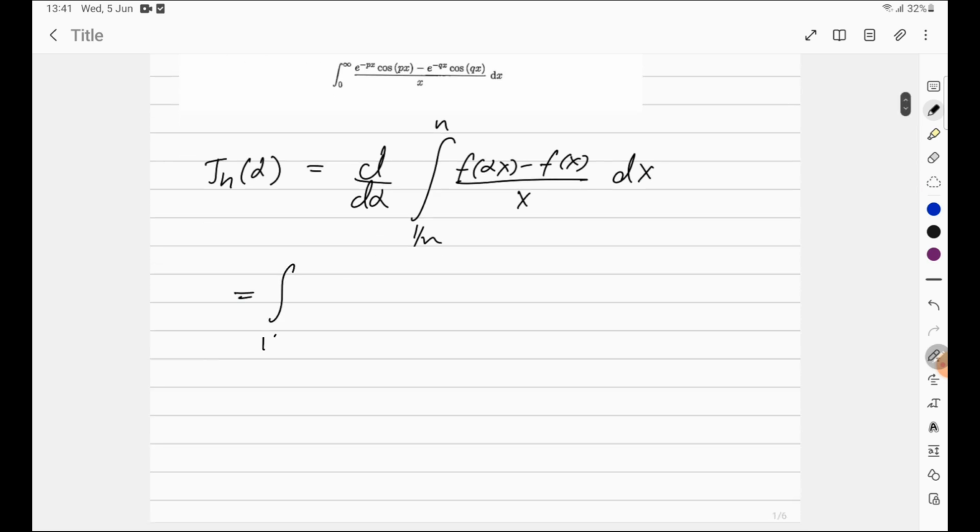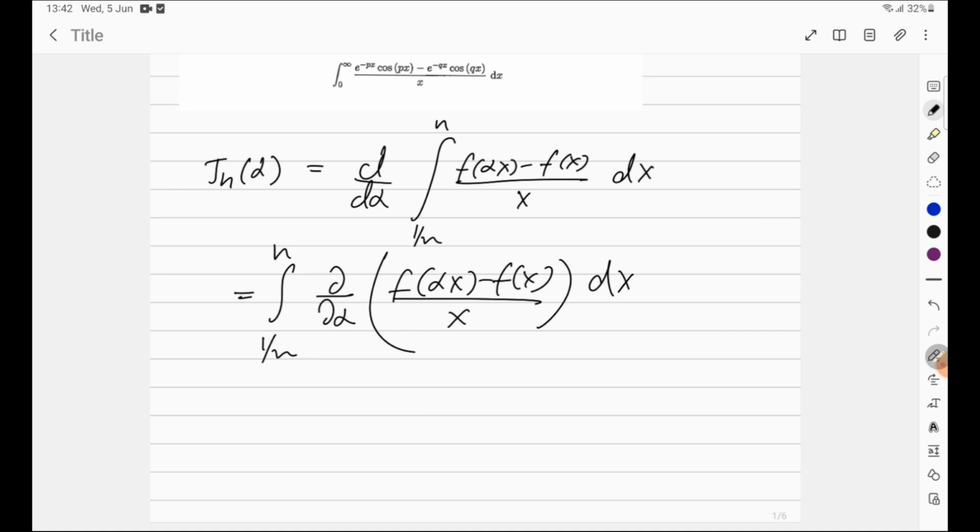I can write this as the integral from 1/n to n. If I want to slip this derivative inside, I'll have to make it a partial derivative because f is a multivariable function in both alpha and x. So that becomes a partial derivative of the same thing inside, and dx as it is.